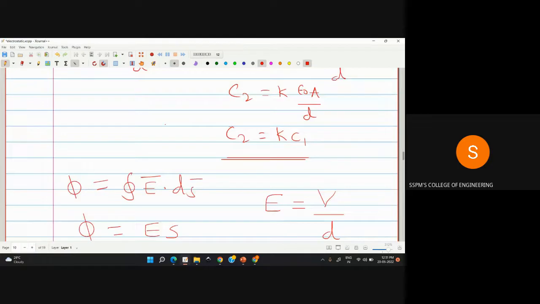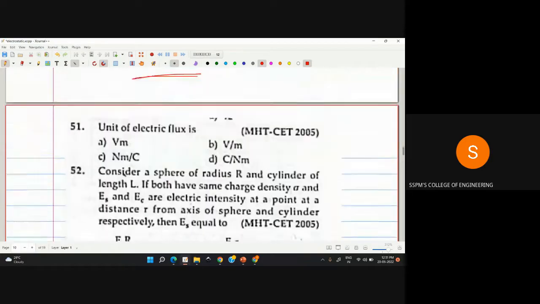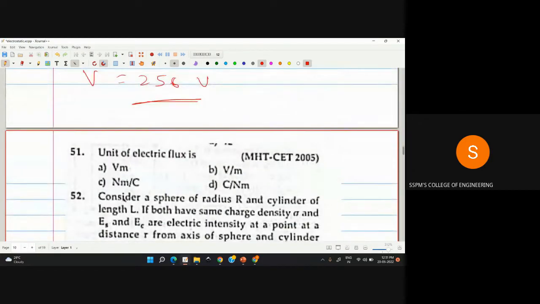So see what options are given here. The first option is voltmeter. Second option is volt per meter. The volt per meter is incorrect because you know the flux is a product of E and S. Volt per meter is a unit of electric field, isn't it?